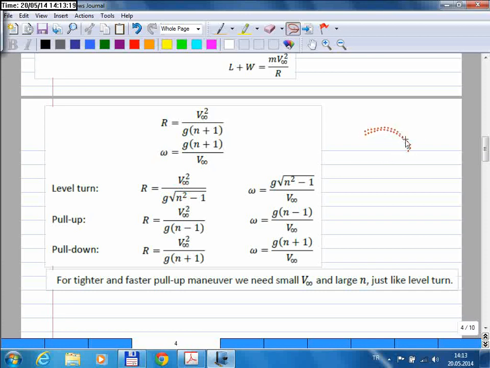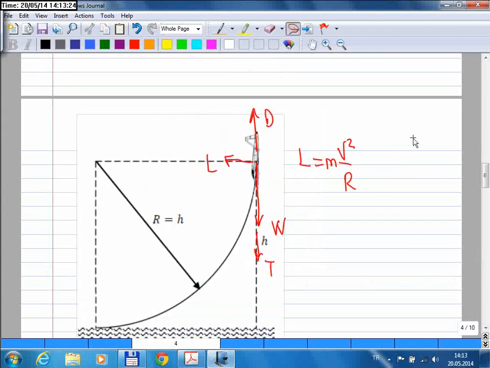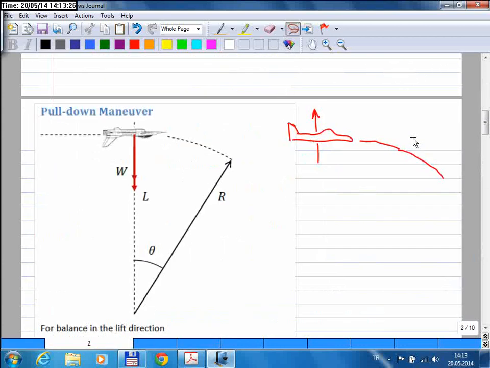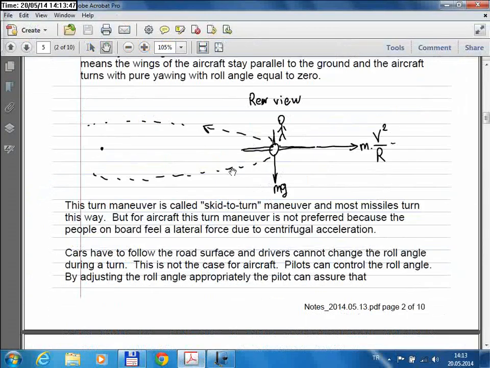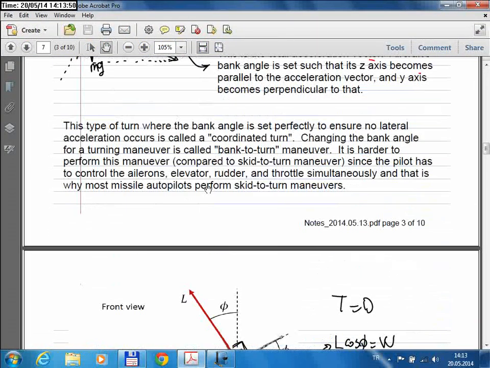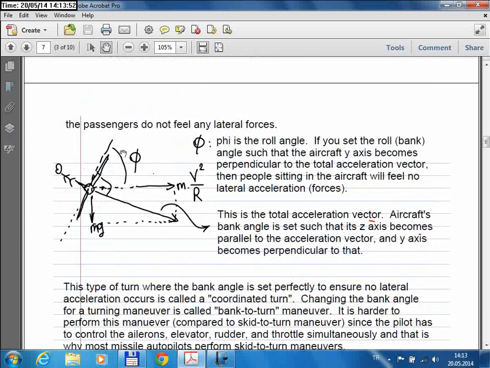So for a negative G force to appear, you need to follow a path. You need to do a maneuver like this, right? I can't imagine any other way of getting a negative G force. So if you are turning, maybe you can get a negative G force in a turning maneuver like this.